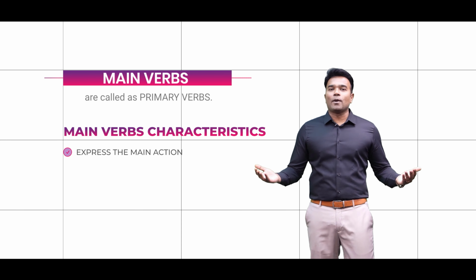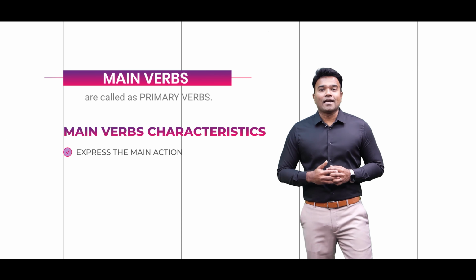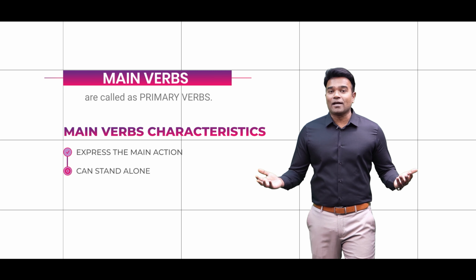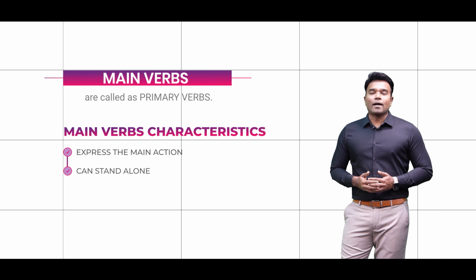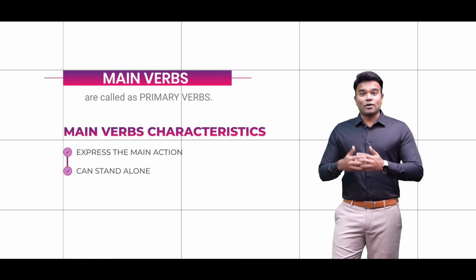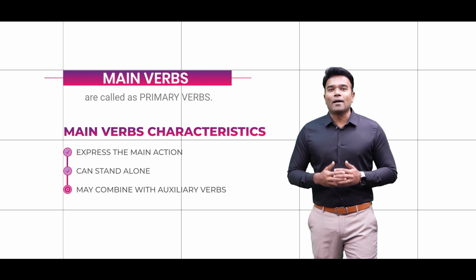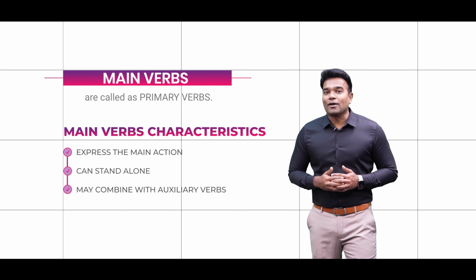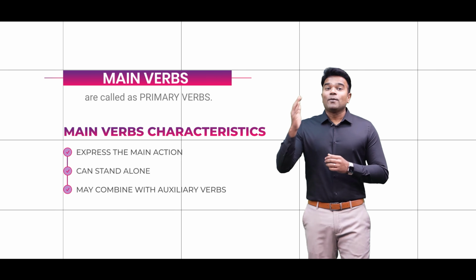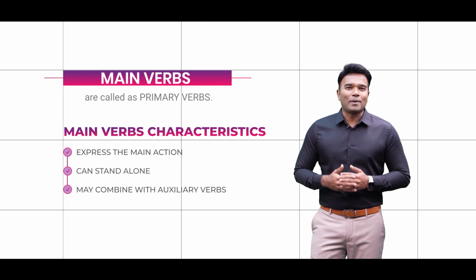And as the word main suggests, these are verbs that are independent and can stand alone. What I mean to say is that they do not compulsorily require the support of the auxiliary verbs. However, sometimes the main verbs may combine with the auxiliary verbs. Moving forward, I shall be telling you what the auxiliary verbs are, but at this point in time, my focus is on the main verbs.